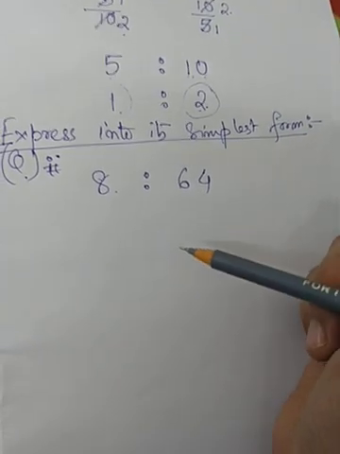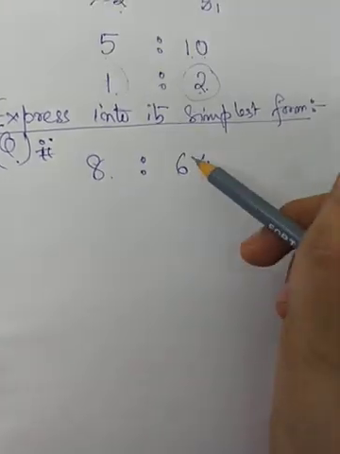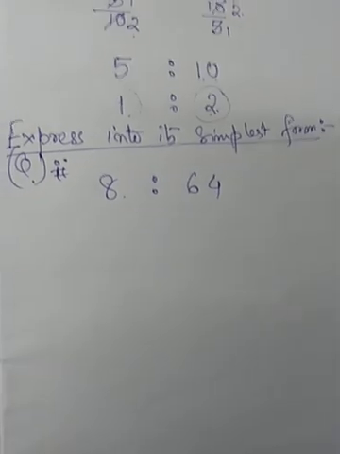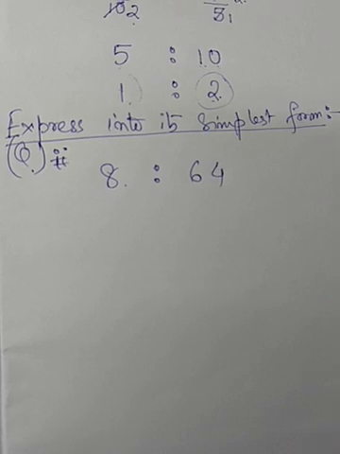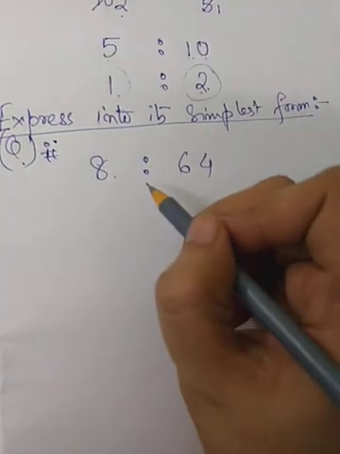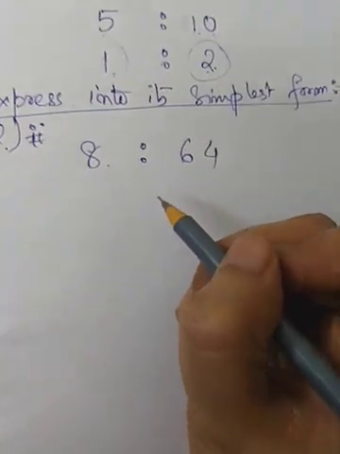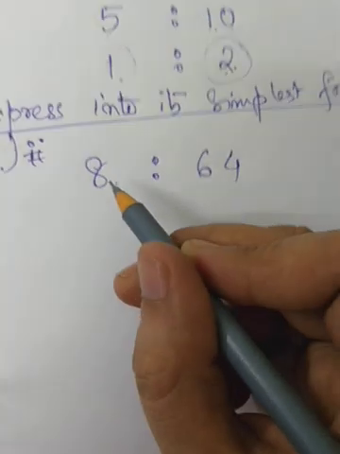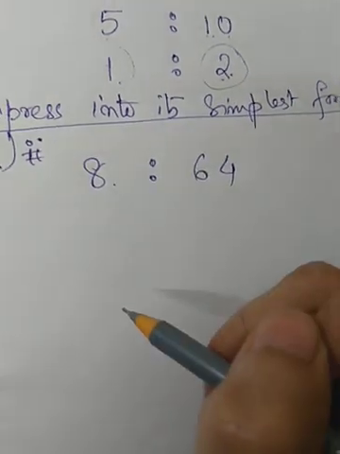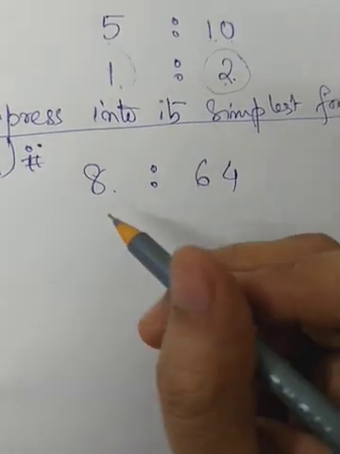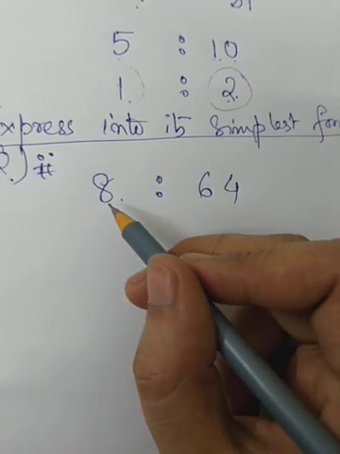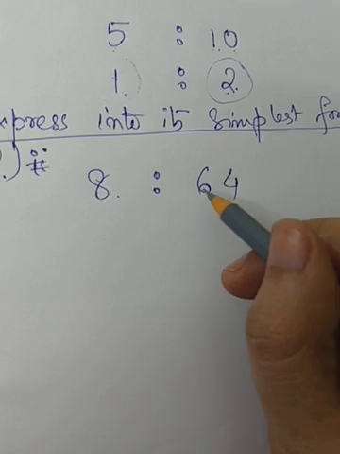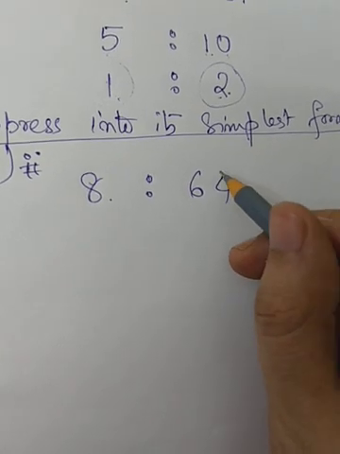8:64. Now first we have to see which term is common in both the numbers. We have to take out one single number with which we can divide both terms. Yes, in whose table 8 comes, and in whose table 64 will come.